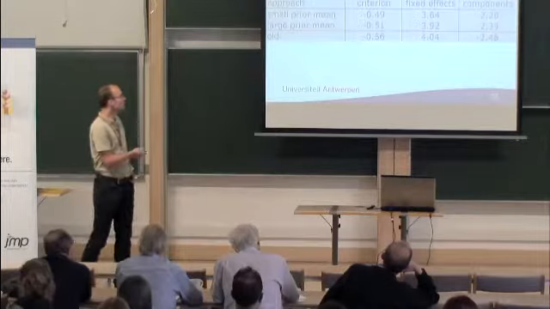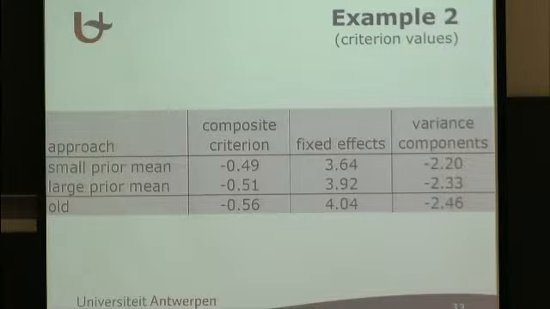And on this slide, we have a side-by-side comparison of the 3 designs. We have 2 new designs, one that's optimal for small prior values of the variance component eta, and one design that's optimal for large values of the variance component eta, and then we again have an old design obtained using the old design criterion.